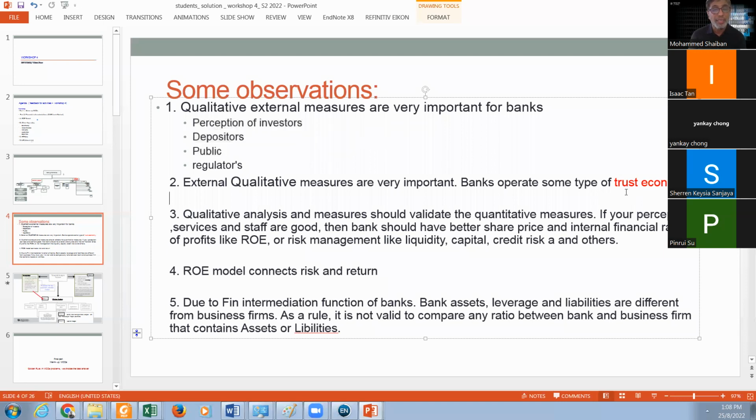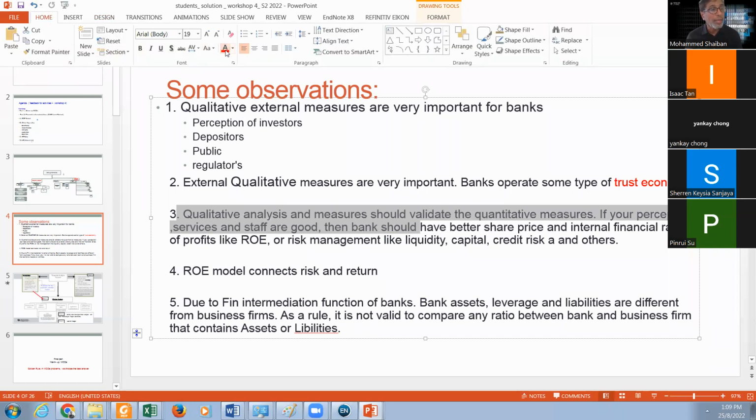In the case of banks, because we are putting our money in a bank and we want to have more trust, we call it the trust economy. The second issue is the qualitative analysis. If we are doing well in the qualitative analysis, actually, we should be doing well in the quantitative, which means there is a validation here.